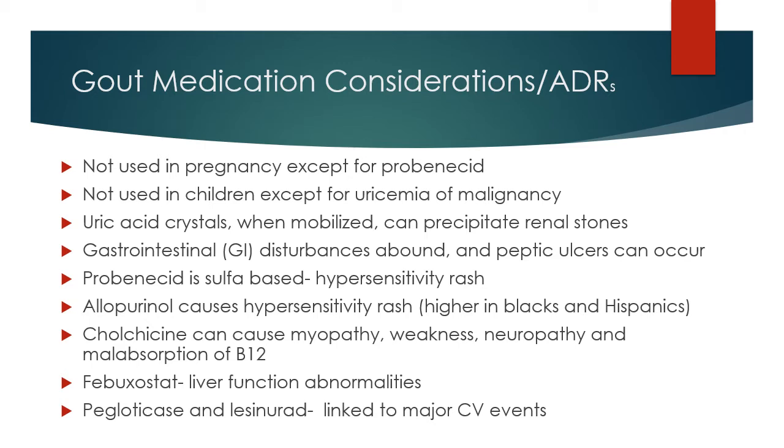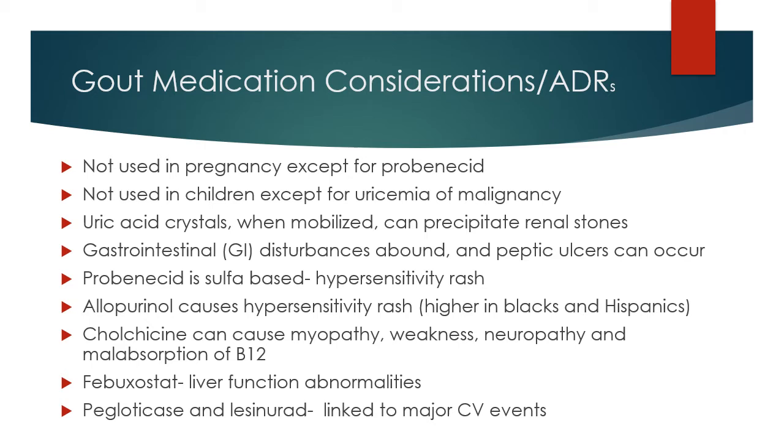GI disturbances are common, and so peptic ulcers need to be monitored. Probenecid is actually a sulfa-based drug, and so there may be a hypersensitivity reaction in patients that are allergic to sulfa. You can also get a hypersensitivity reaction that occurs more often in blacks and Hispanics with allopurinol.